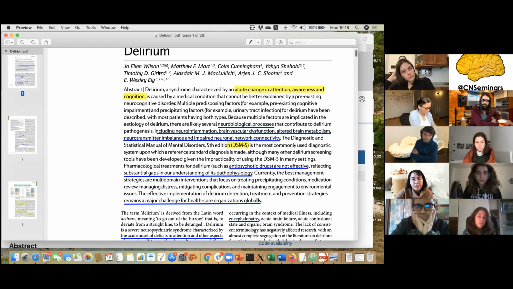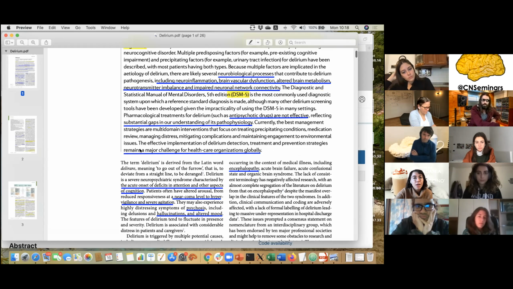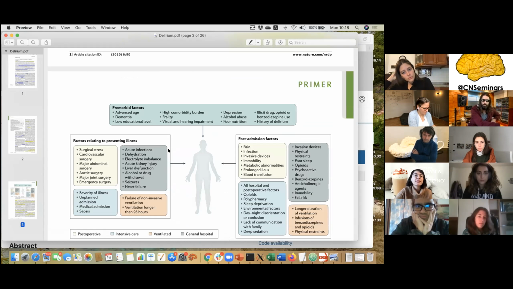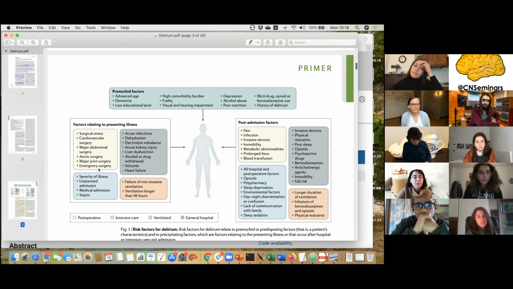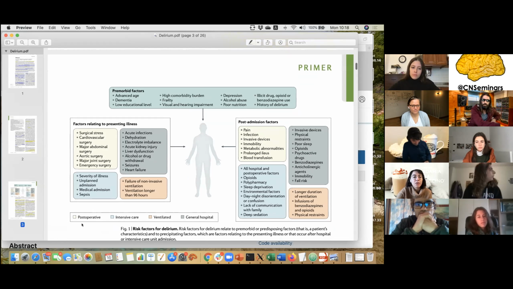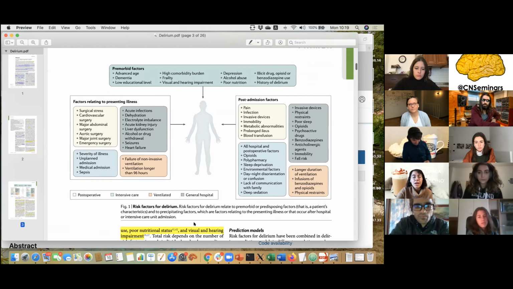There are a lot of comorbidity factors that can trigger this condition: dementia, age, drugs, depression, and also post-operative conditions, in particular in patients in intensive care, ventilated, and in general hospital conditions.